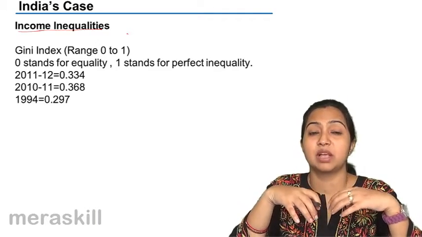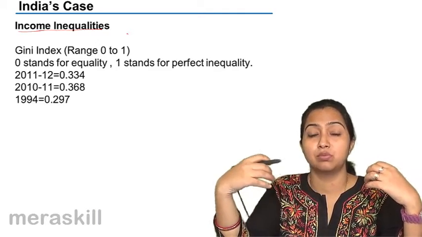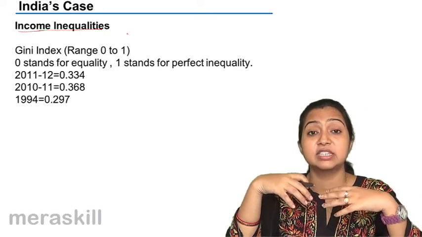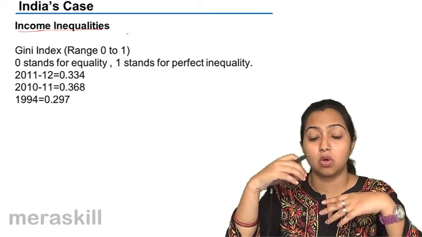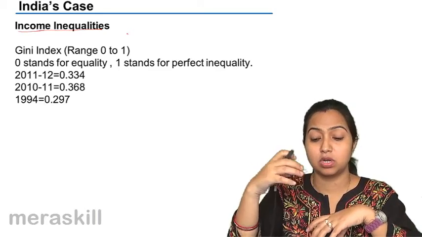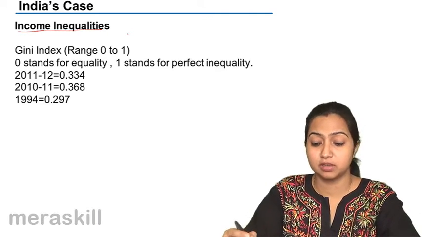The rich are becoming richer and the poor are becoming poorer. So the difference between the two classes is increasing. That is disparity of income, which leads to inequality in the distribution of income.